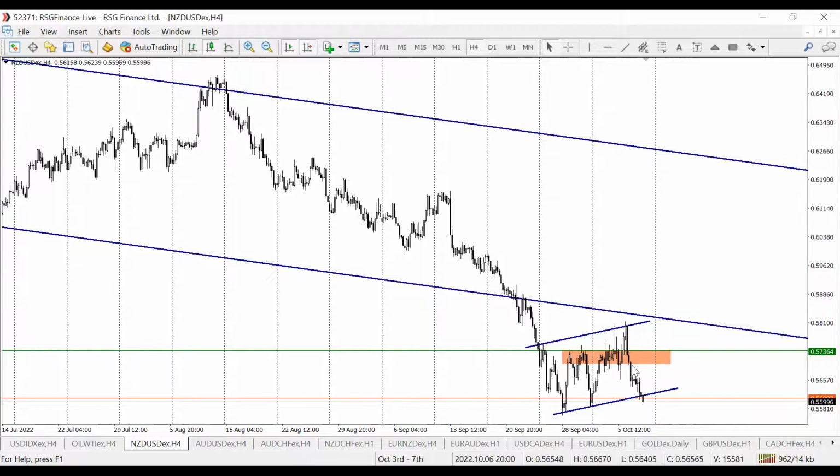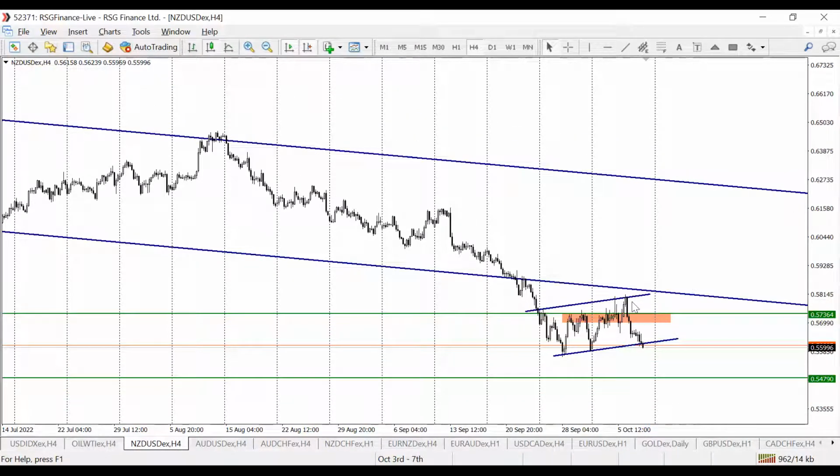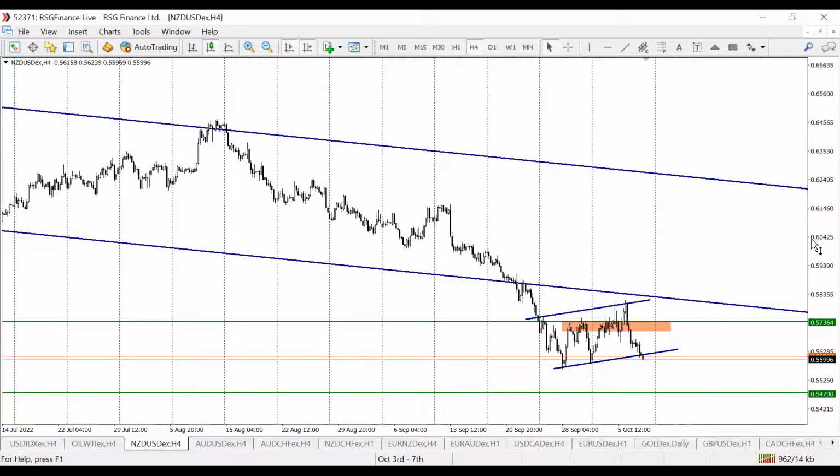Well, the consolidation still gave us more confirmation that we're headed downwards, because this is a major bearish sell-off, and then we have a consolidation, what is called a flag, and now you see we're beginning to break out with momentum. So with the breakout with momentum, this is price headed to the 0.5479 level.